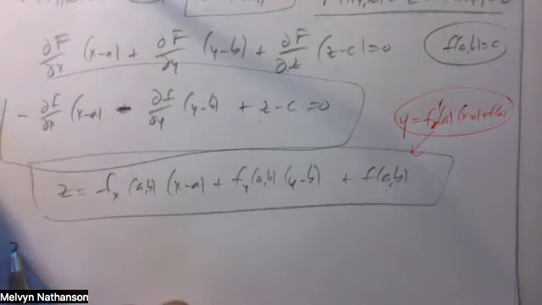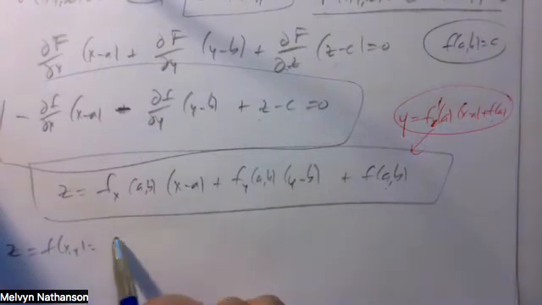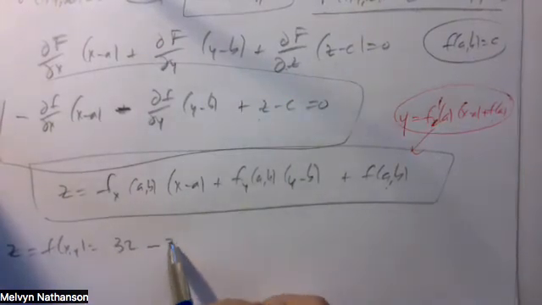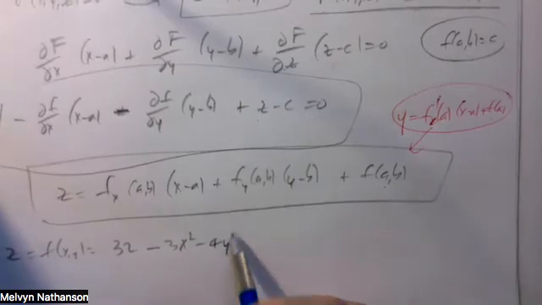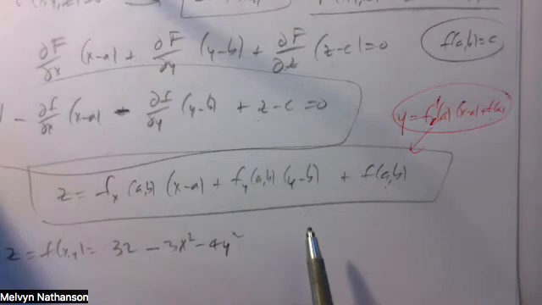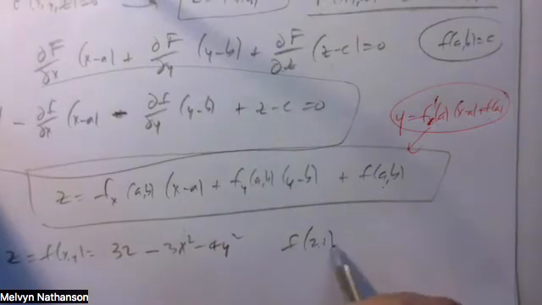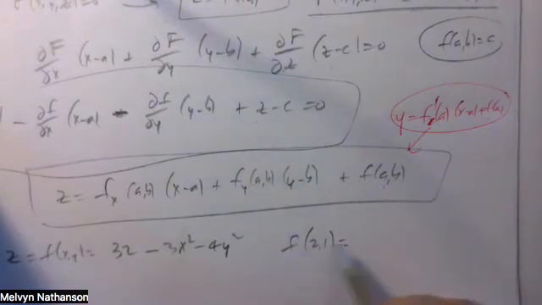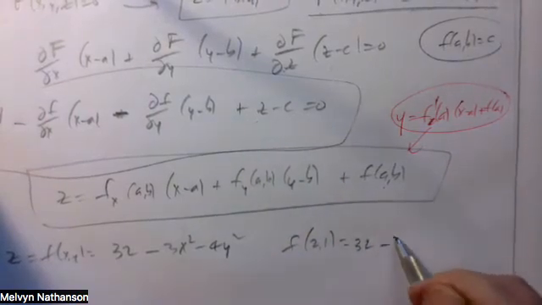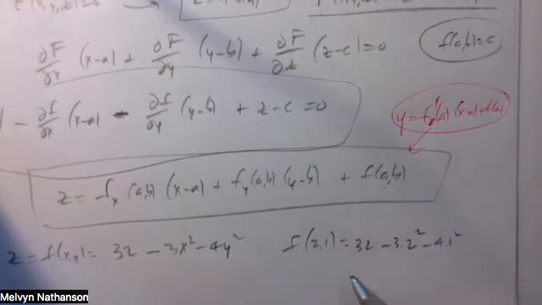So suppose we have the function z equals f of x, y, which is 32 minus 3x squared minus 4y squared. If I evaluate this at the point (2, 1), I get 32 minus 3 times 2 squared minus 4 times 1 squared.